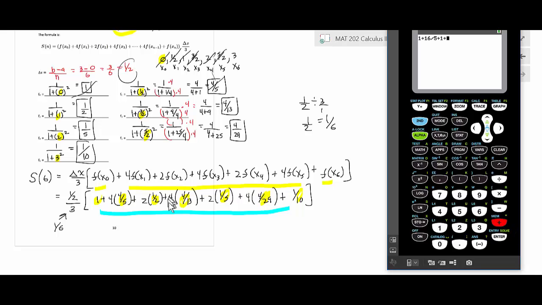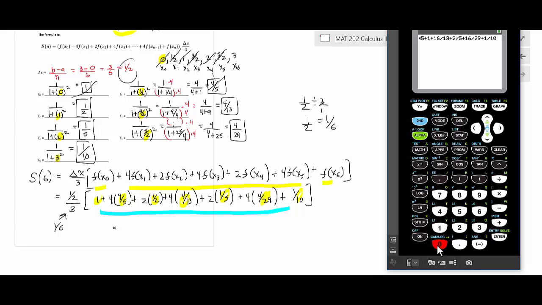Then I've got 16 over 13. Then I've got 2/5, just multiplying in my head. Then I've got 16 over 29. And the last thing I have is 1/10.